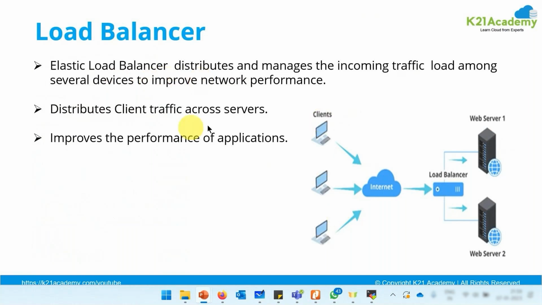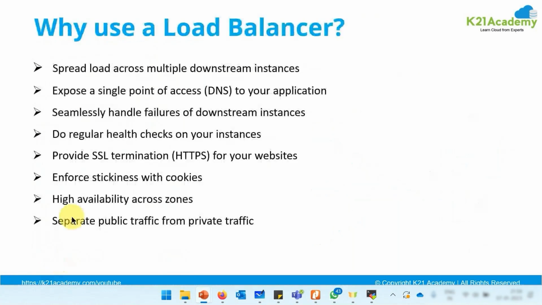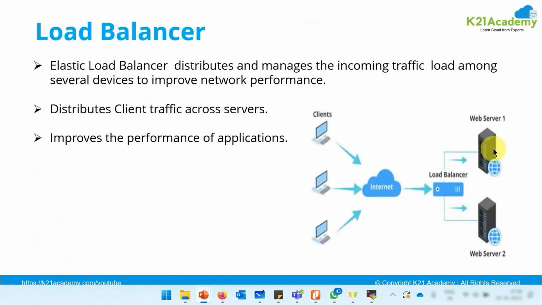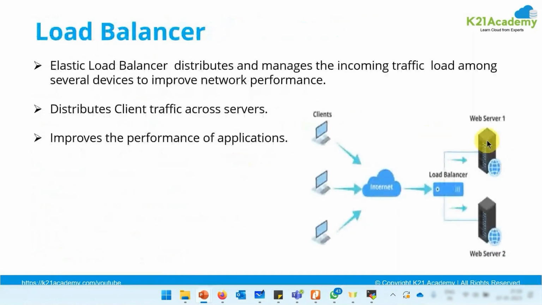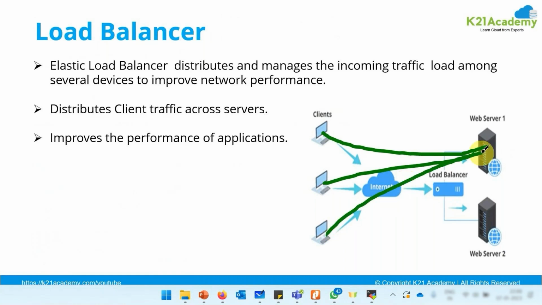If I am having only one single server, then what will happen if my server 1 goes down, if all of them were hitting server number 1 directly and there was no load balancer in between? In a situation if server number 1 fails, then what will happen? All my clients will get disrupted, their services will be stopped.